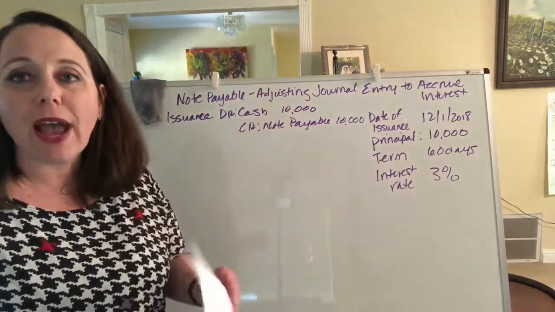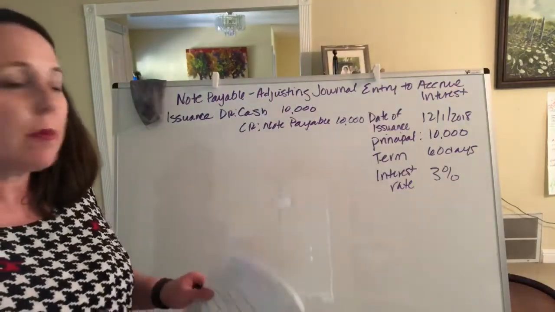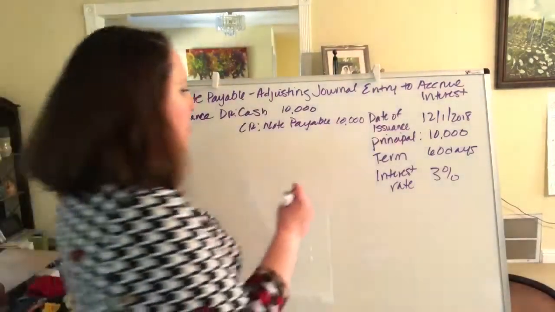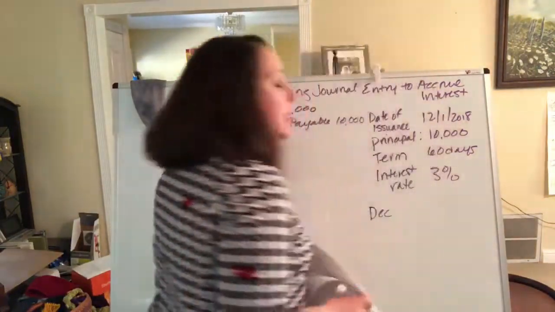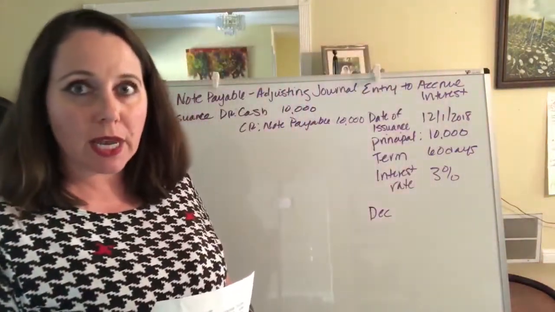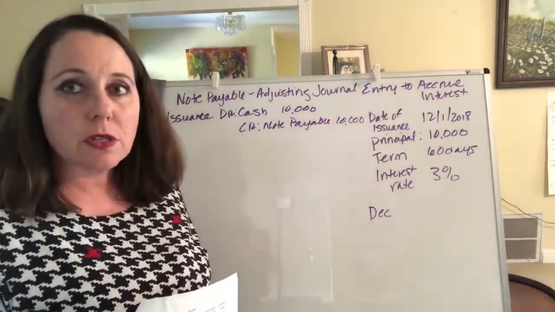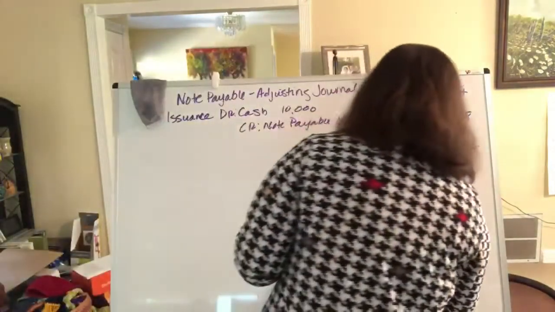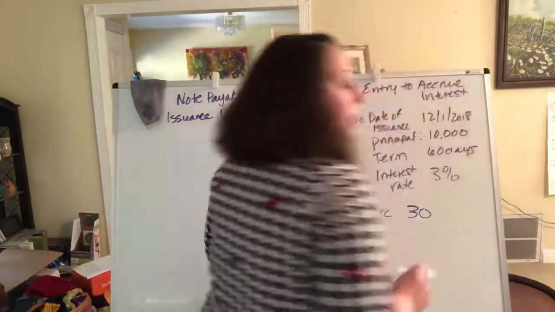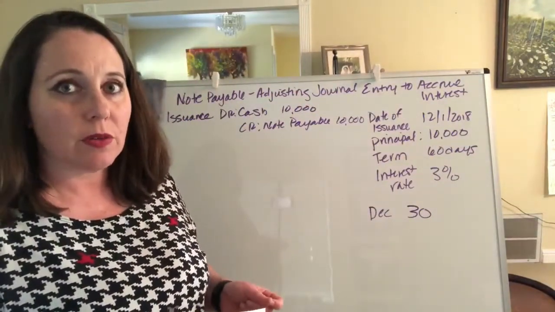Next, we got to figure out on which date must the note be repaid. December has 31 days. The note was issued on the 1st, so 31 minus 1 is 30 days that the note is going to be outstanding in December.